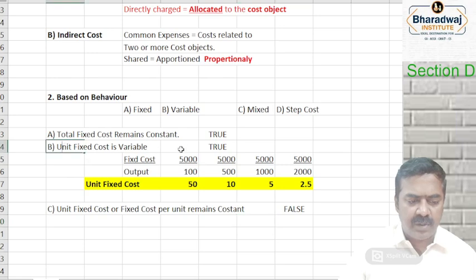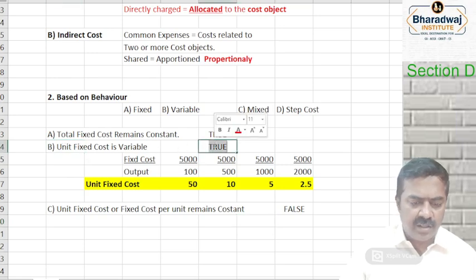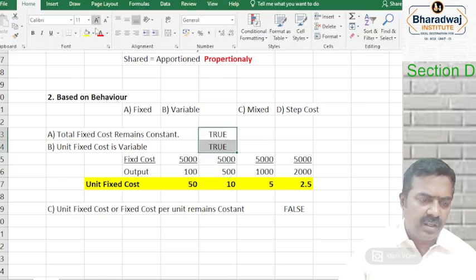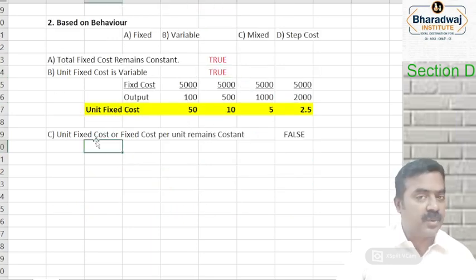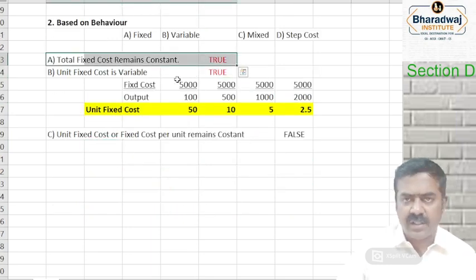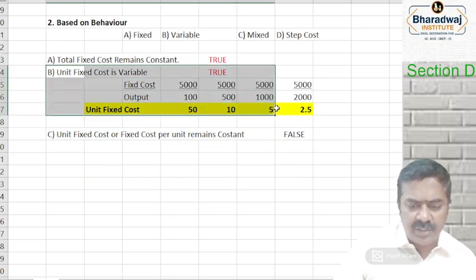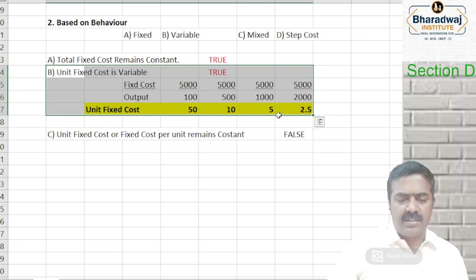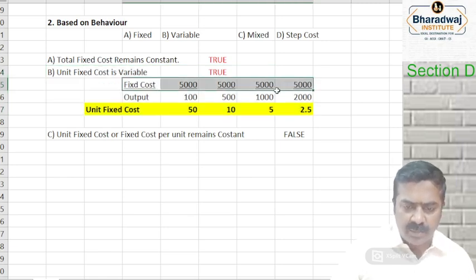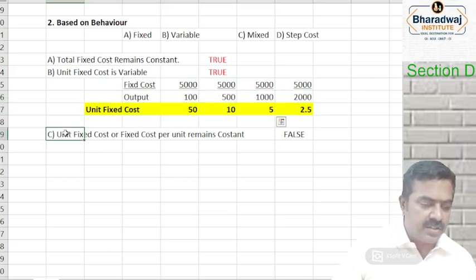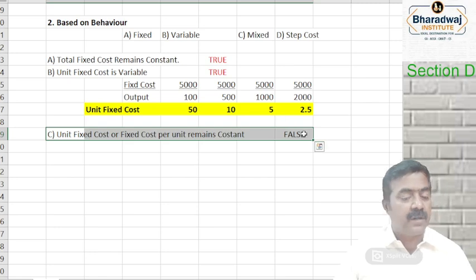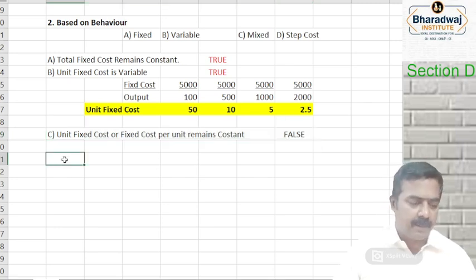How will this be tested in IMA? They will give you 3 or 4 sentences. In the sentences, identify the incorrect statement or the correct statement, like that they can ask you a question. Clear? Total fixed cost remains constant. Unit fixed cost is variable, yes, it will change because the same cost is shared by different number of units.